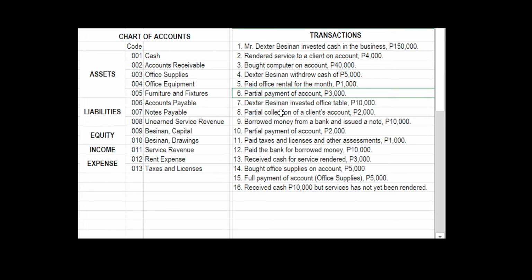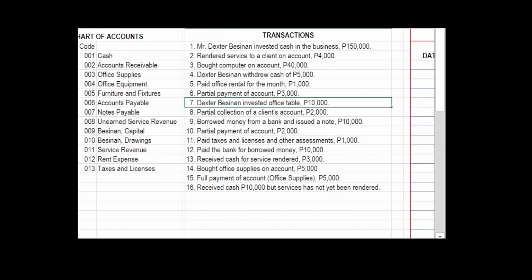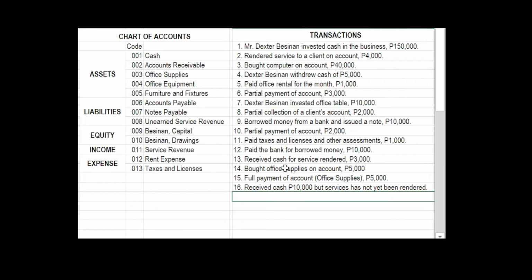Dexter Bisinan invested office table. So, because of this word invested, ibig sabihin capital to kasi investment ni Bisinan. So, ano yung pumasok sa business? May pumasok na office table. Pero yung gagamitin natin dyan na account is furniture and fixtures.